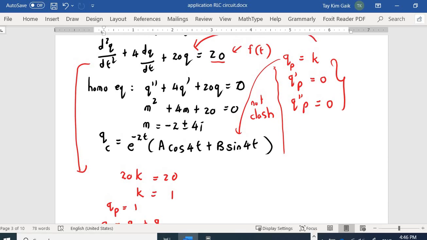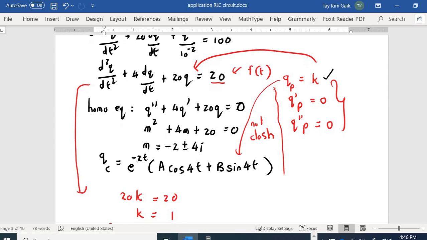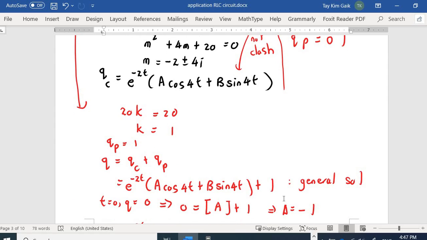Then we solve the non-homogeneous equation using undetermined coefficients, where the Ft is constant. So we choose Qp also constant, and we check whether Qp clashes with Qc. This is constant, and that is the product of exponential and cos or sin, so it does not clash. Hence it is safe to use as Qp. So Qp we plug in as K. Differentiating K gives 0, and differentiating a second time is 0, so 20K equals 1. Hence the general solution for Q will be Qc plus Qp.